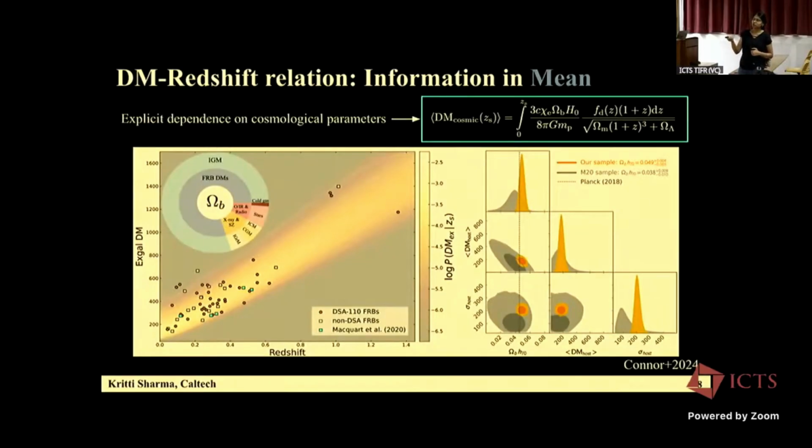The mean of this relation should only depend on the mean baryon density in the universe and cosmology. Once you plug everything in, you can see that it explicitly depends on cosmological parameters like H0 weighted by the baryon density in the universe, as well as the matter density parameter and omega lambda. I think one of the most recent constraints on cosmological parameters using FRBs goes down to as good as 10% for H0.